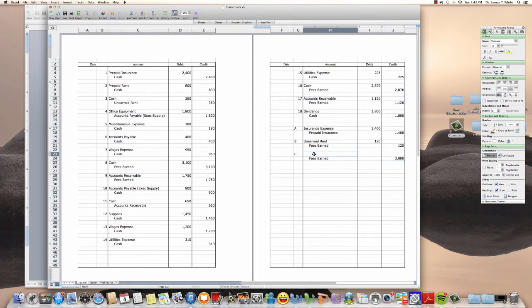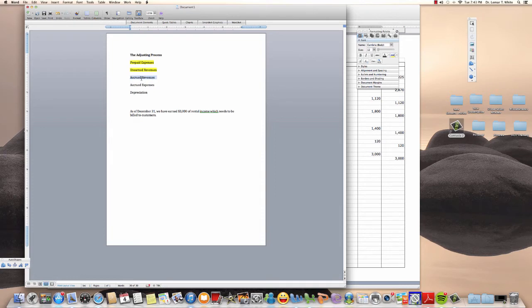Account receivable. So I'm going to make a debit to increase my account receivable amount, $3,000. So I have increased my asset, $3,000, and I've increased my fees earned, $3,000. This is what we call accrued revenues.